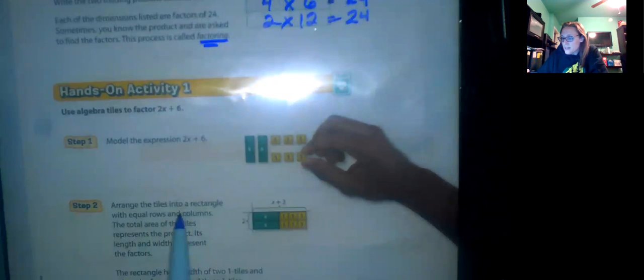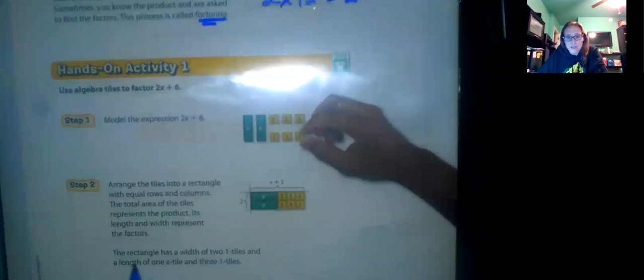So we want to use tiles, algebra tiles, to factor 2x plus 6. Okay. So we have 2 x's and we have 6 positive tiles. So you could rearrange the tiles into a rectangle with 2 equal rows and columns. The total area represents the product. Its length and width represent the factors.